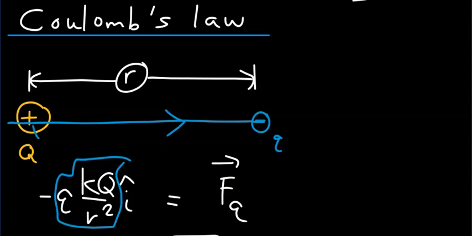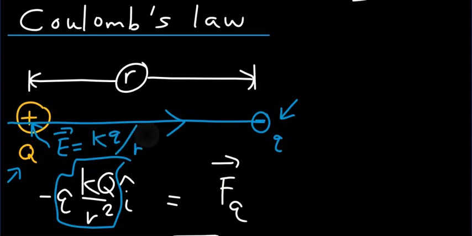So at this point, the electric field that this charge experiences due to the little q charge would be given by the following expression. It is K little q over the distance between them squared in the direction of still I hat, because this electric field is moving rightward.